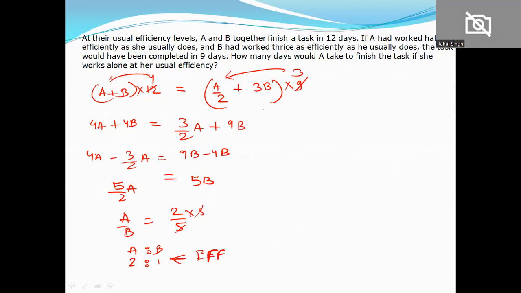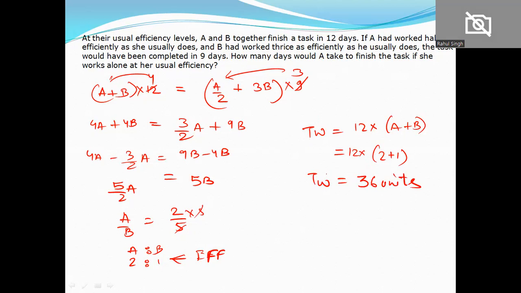Let's say find out कि total work कितना था अगर A and B work 12 days तक, that will complete the work, right? So 12 into 2 plus 1, so A and B will complete and total work is 36 units.